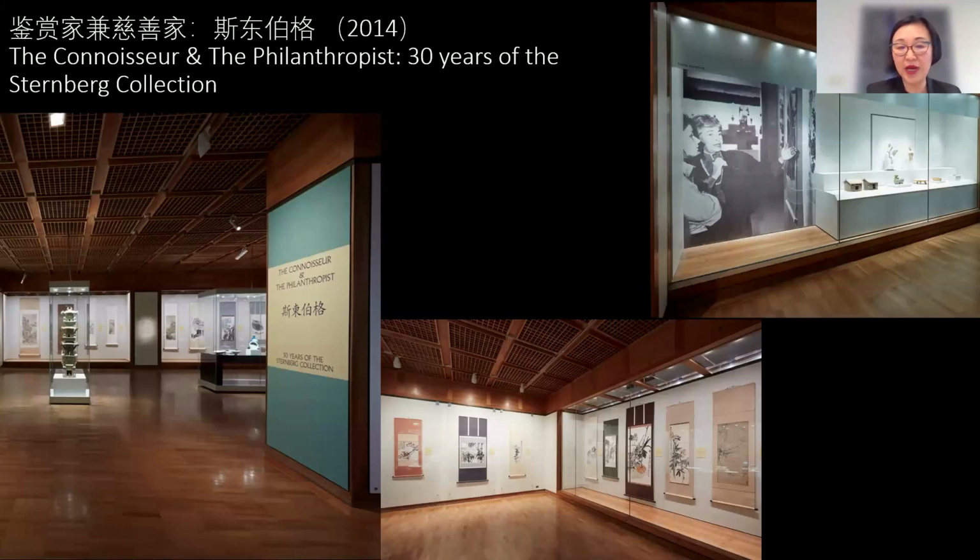So we put them all out, including some of the loans, and they are still in the gallery. We are also very grateful to all the individuals, the collectors and scholars who continue to donate works to the gallery. That is one of the main sources for our acquisitions. I'll talk about that a bit later.